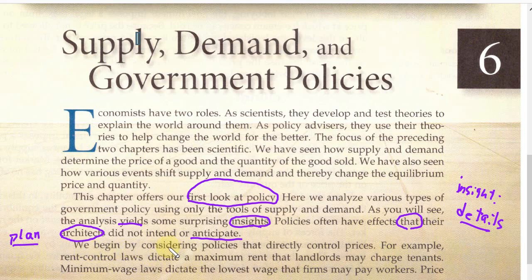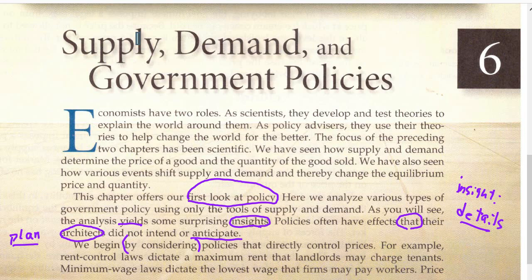We begin by considering policies that directly control prices. For example, rent control laws dictate a maximum rent that landlords may charge tenants. Minimum wage laws dictate the lowest wage that firms may pay workers.